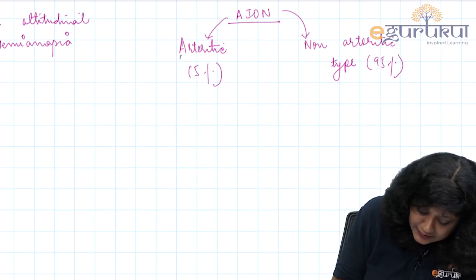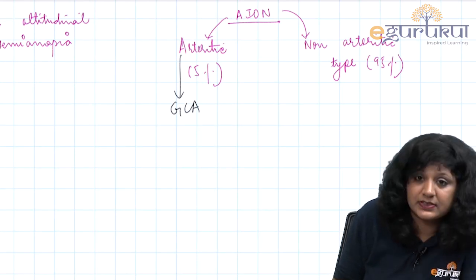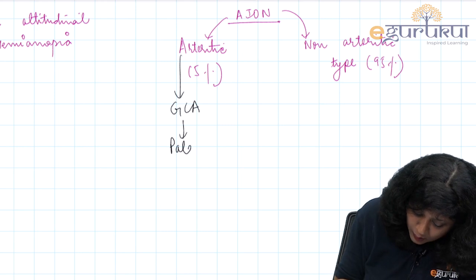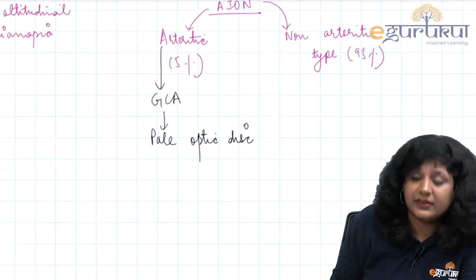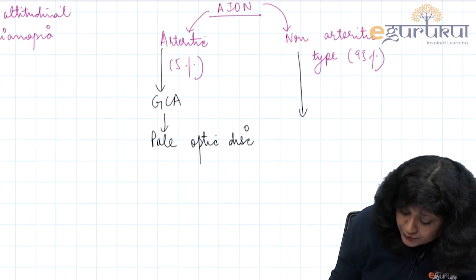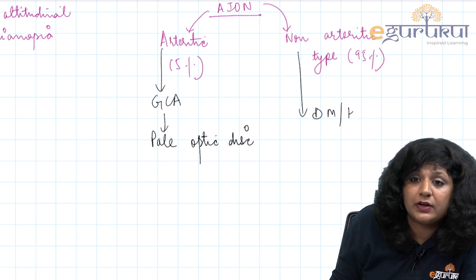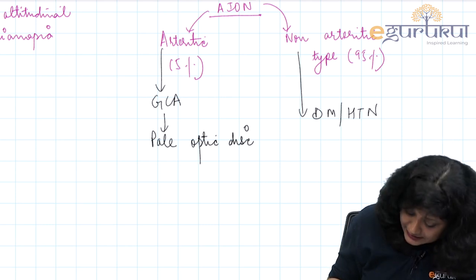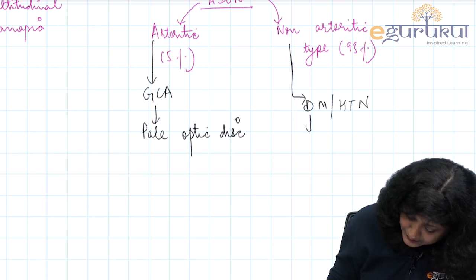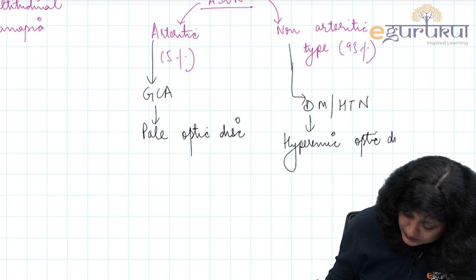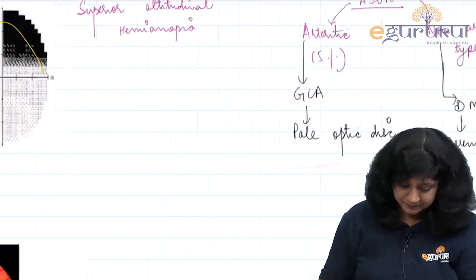Arthritic is basically found in giant cell arthritis, and here we get the pale optic disc. While the non-arthritic, which can be found in diabetes or hypertension, here we get the hyperemic optic disc only. So, you have to remember this. This is important. Alright. Okay.